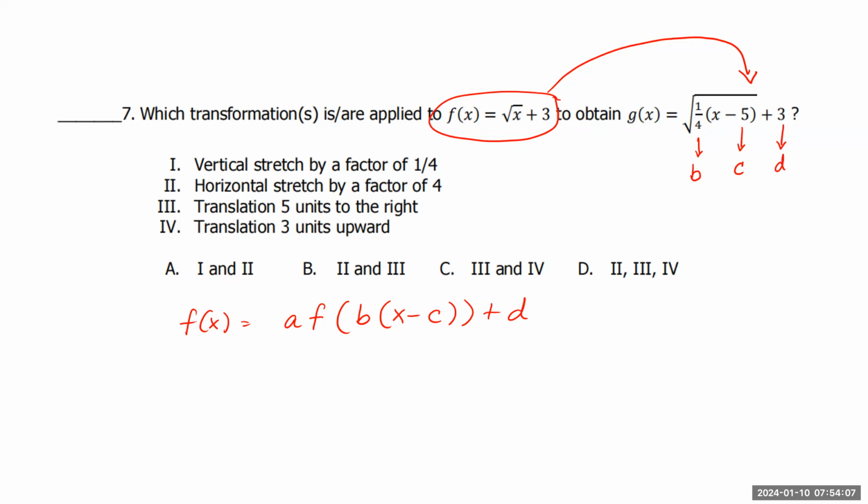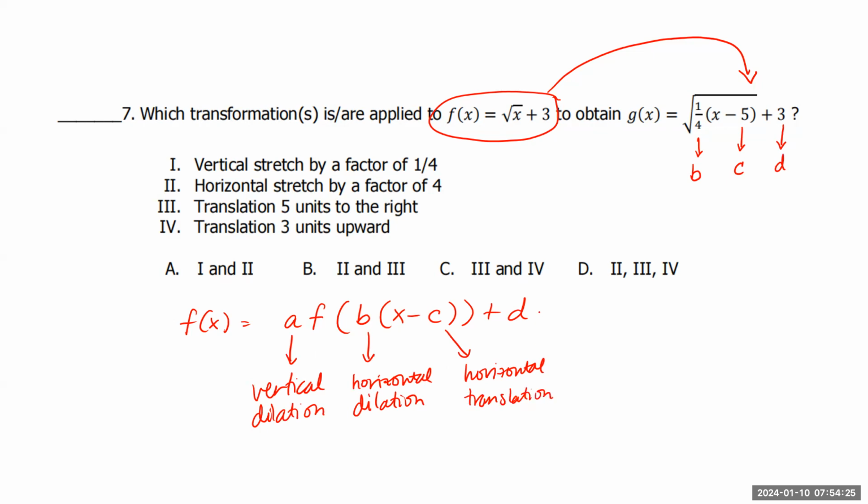Again, A here is vertical dilation. B is horizontal dilation. C is horizontal translation. And D is vertical translation.